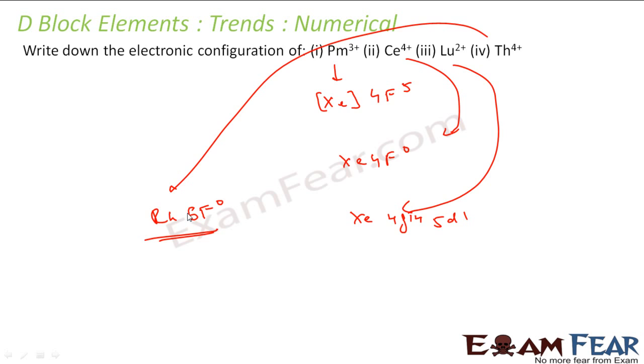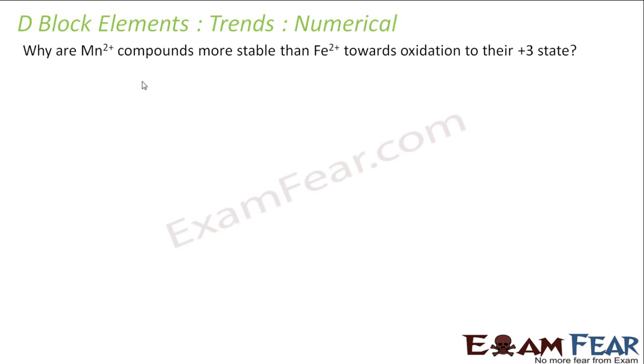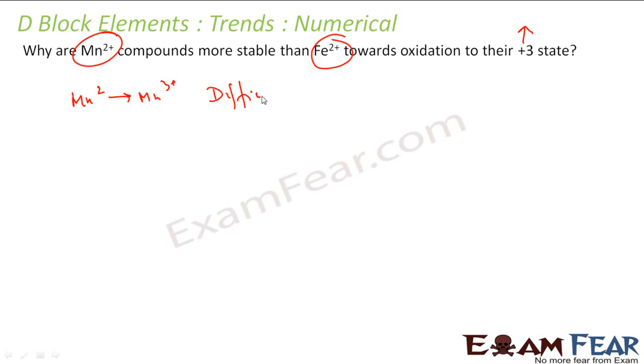The question is: why is Mn2+ more stable than Fe2+ towards oxidation to the +3 state? It says that Mn2+ to Mn3+ is difficult, but Fe2+ to Fe3+ is easy. Why?